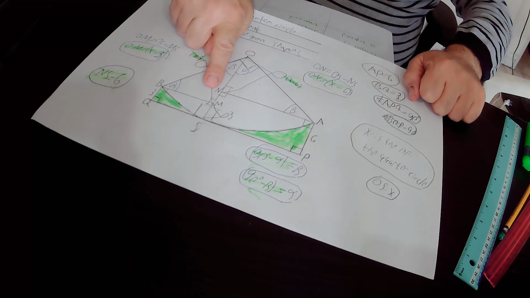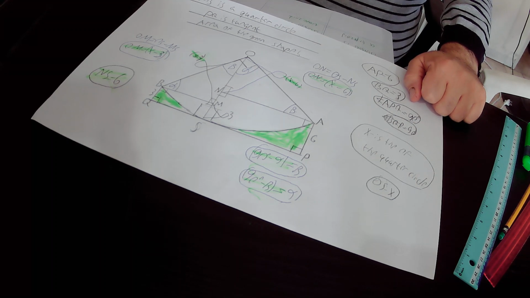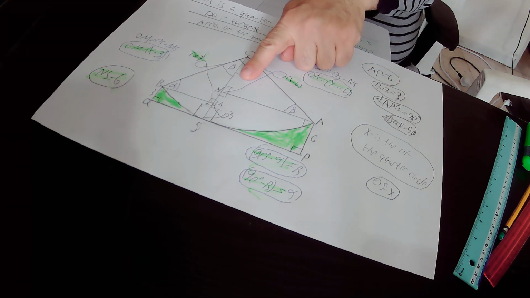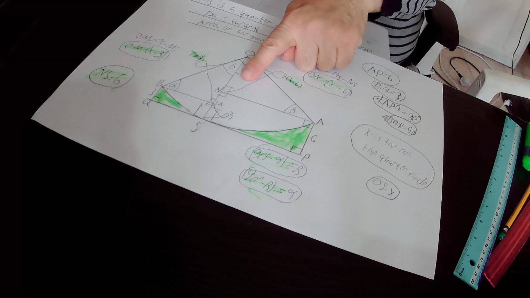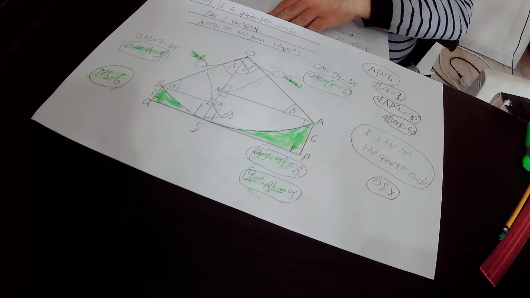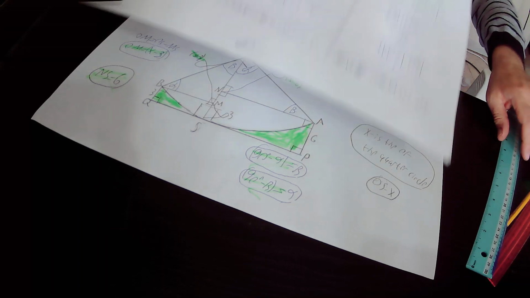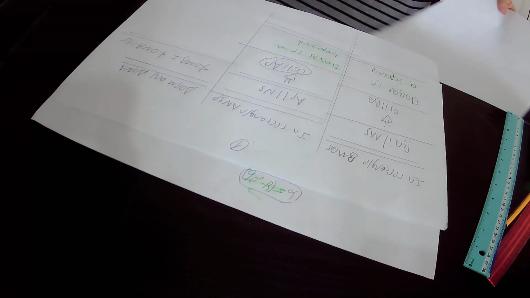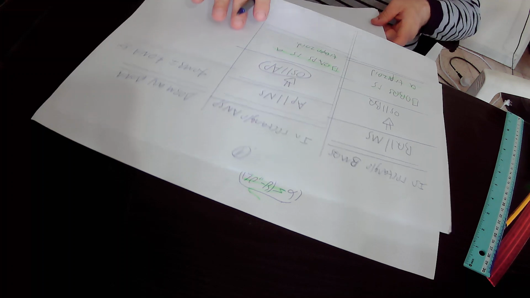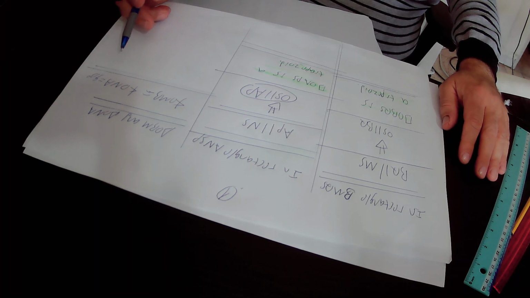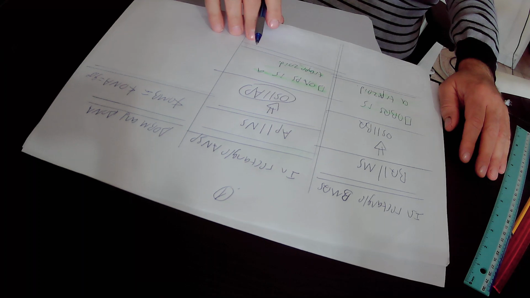So this is angle OMB in the right triangle OMB, and it is equal to this angle, angle ONA in the right triangle ONA.